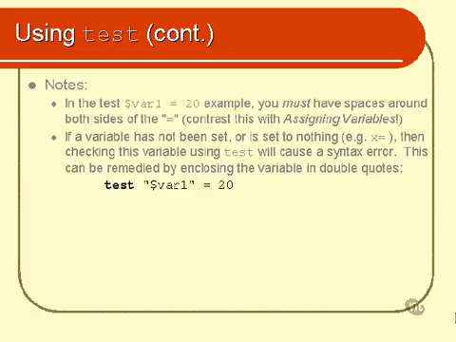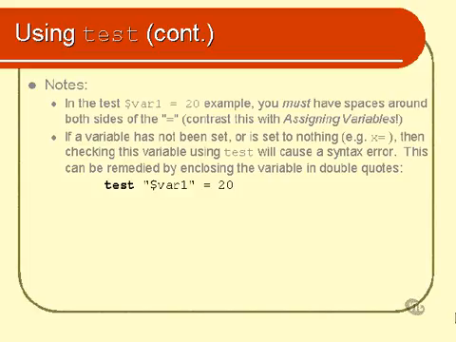Do this all the time, unless you can absolutely guarantee that var1, or whatever variable you're using, has actually been set to something. If there is even the remotest one in a million possibility that the variable you're testing might not have been set yet, then you must put double quotes around the variable, otherwise you'll get a syntax error with test. So let's have a look at our example again.